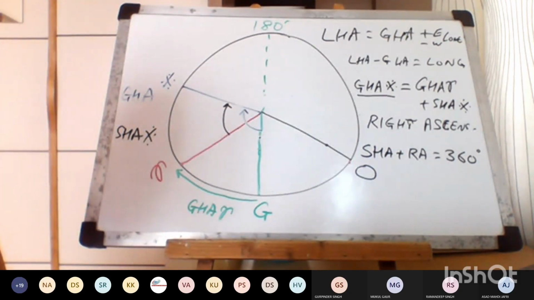I want my position, so I am also important, because I have to find the angle distance from my point where the observer is. So the third reference point is the observer. All the angles which we measure from the observer are called the local hour angles.